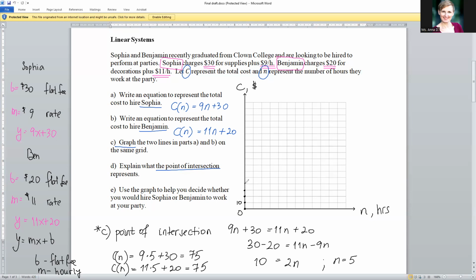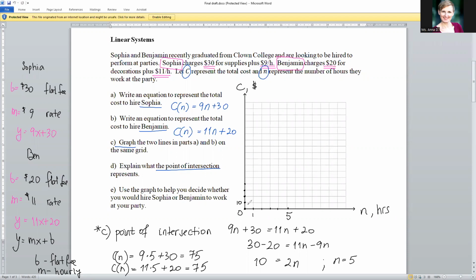So I'll pause for a second to think about how to better structure my axis. Give me a second. So I decided that on my hourly scale, I'll have 1, 2, 3, 4, 5. And when N is 5, Sophia will be 75 and Ben will be 75.